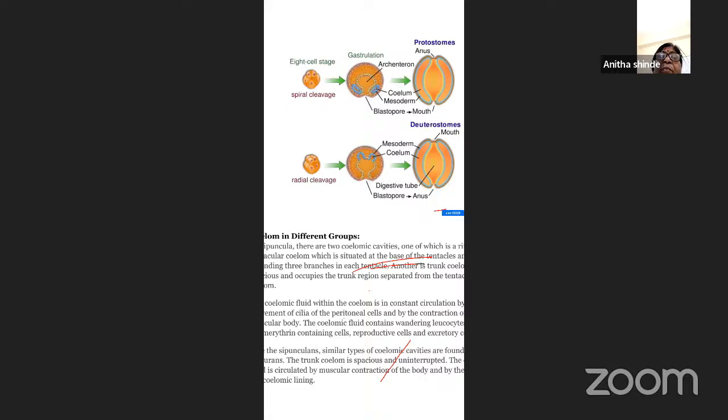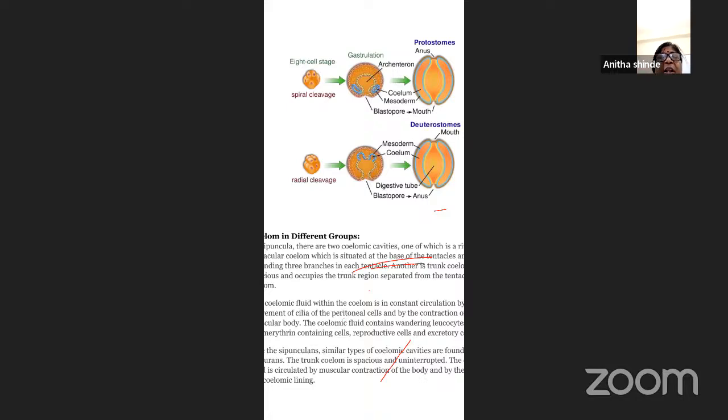Later on, the mouth will develop in deuterostomes. In protostomes, the first opening of the embryo is transformed into the mouth, whereas in deuterostomes the blastopore gets modified into the anus, but not the mouth. That is the difference between protostomes and deuterostomes.